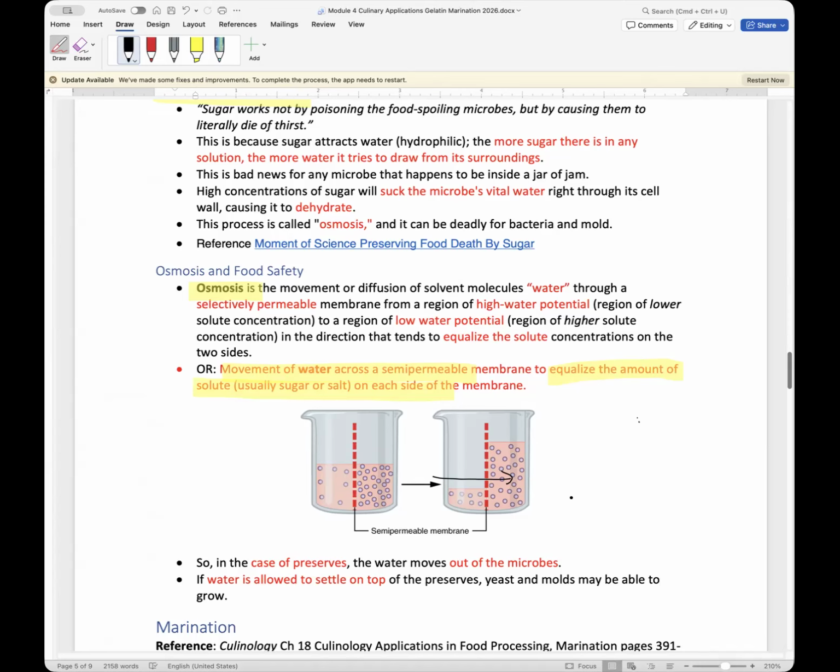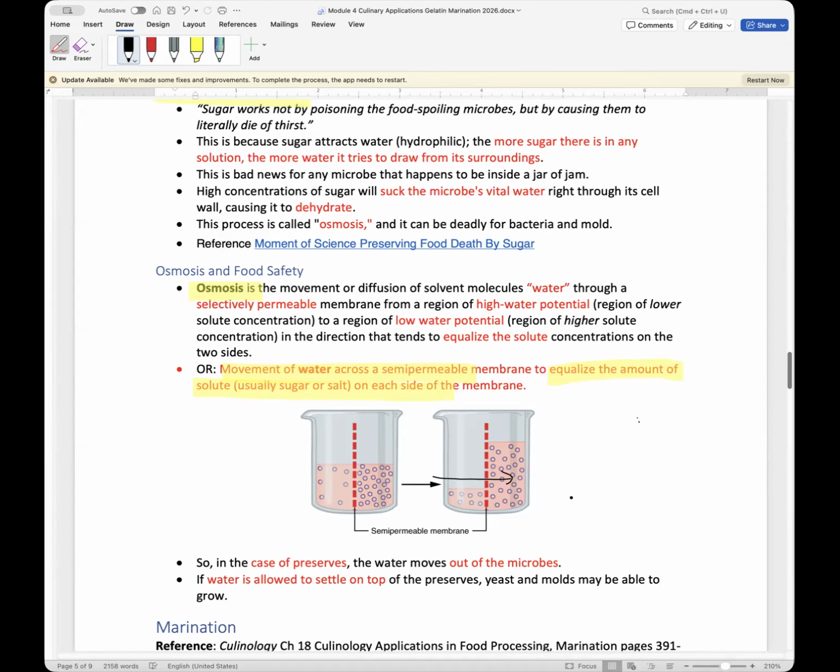Other places where we see osmosis is if you have a reverse osmosis water system, to remove any minerals from your water. Can you think of other places? So this is jam.